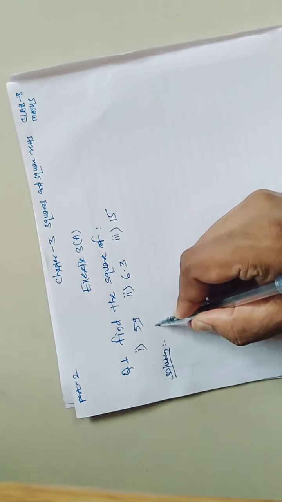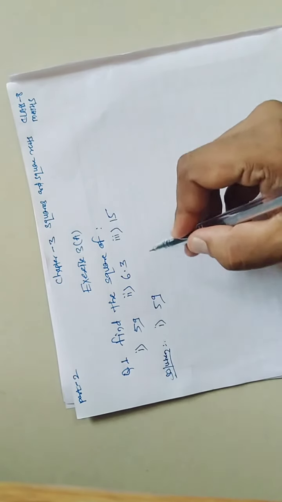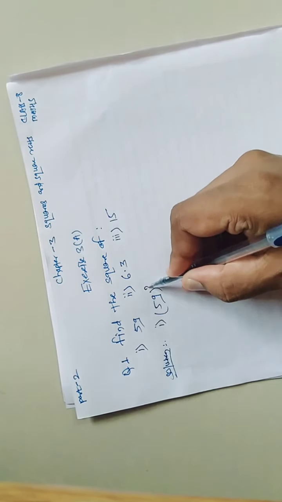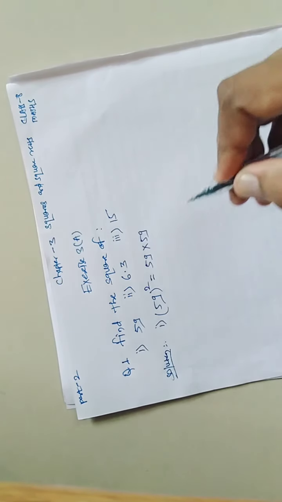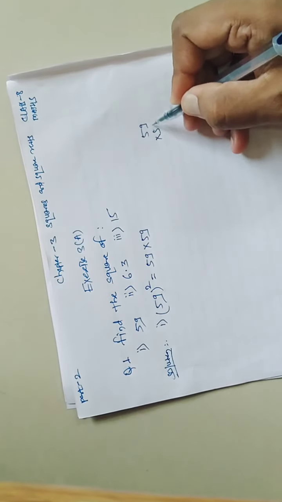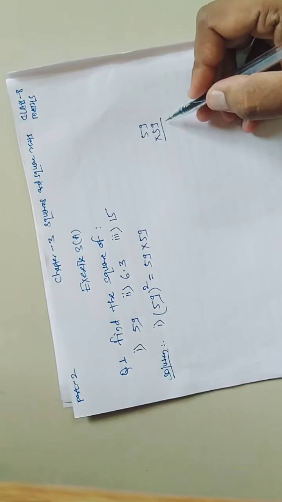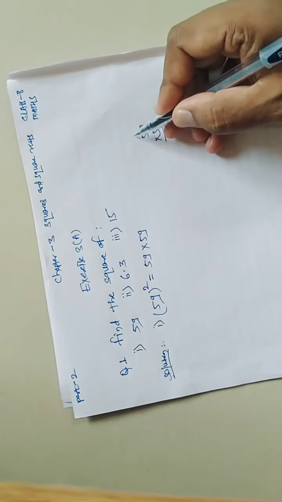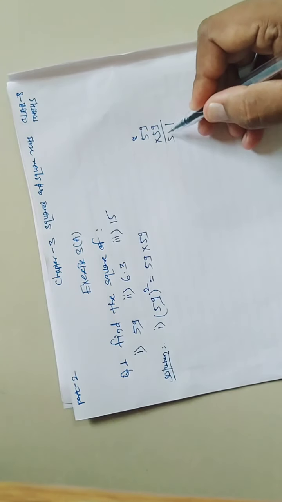So first, 59 square is equal to 59 multiplied by 59. We'll do the rough calculation on the right side. 9 nines are 81, 1, 8 carry. 9 fives are 45, 45 plus 8, 53.